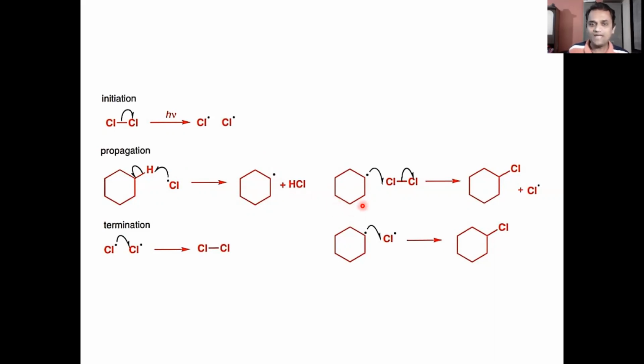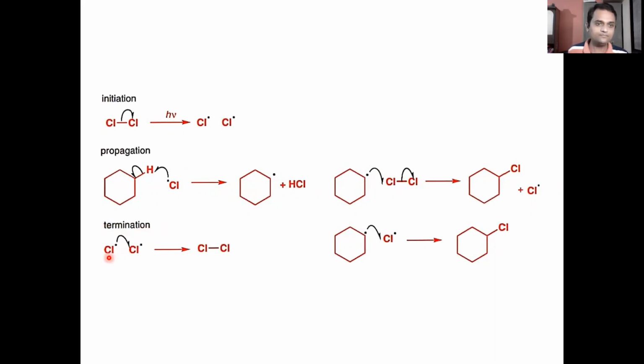Then that cyclohexyl radical reacts with another molecule of chlorine and takes Cl from that molecule, and there is a formation of cyclohexyl chloride along with again one Cl radical. Then the next step is termination.